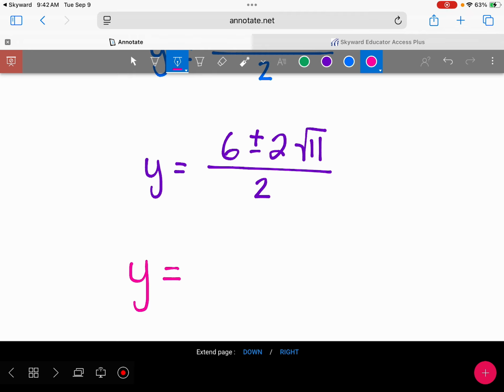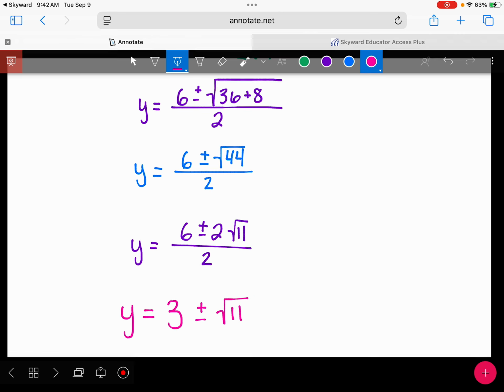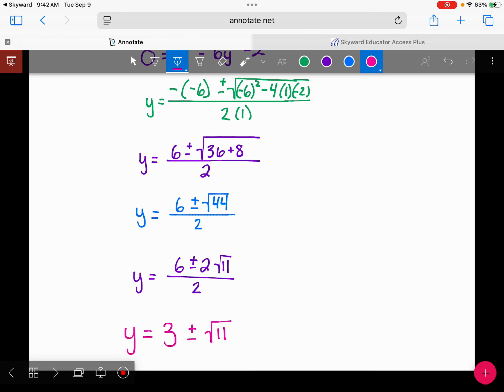Yep. 6 and 2 both divide by 2, and I'm dividing by 2. So our answer is going to be 3 plus or minus the square root of 11. So the points on my y-axis that are 6 away from the point they gave us are 3 plus the square root of 11 and 3 minus the square root of 11.